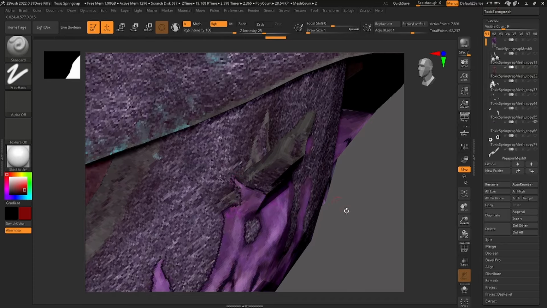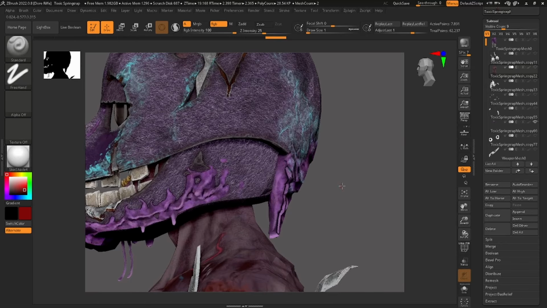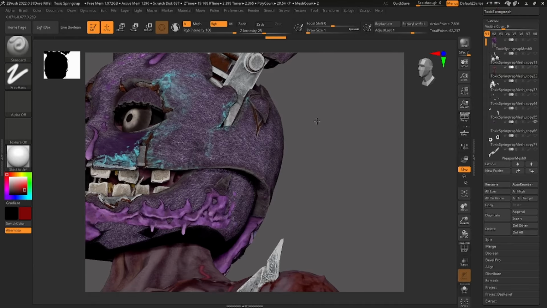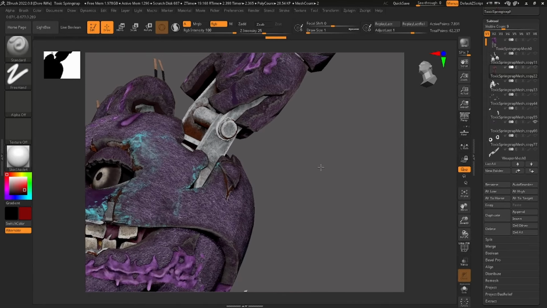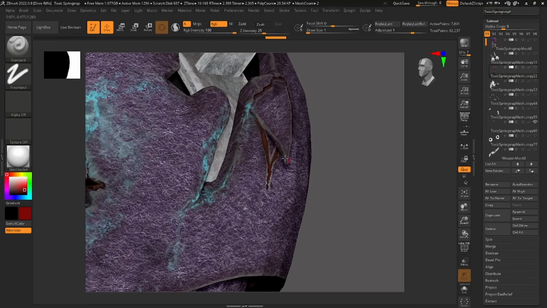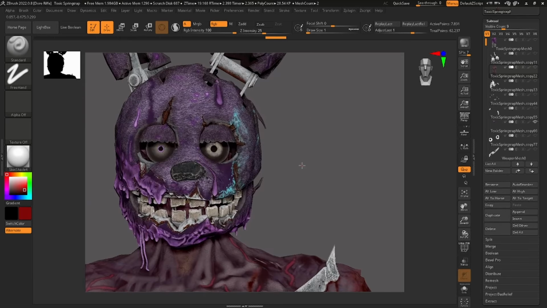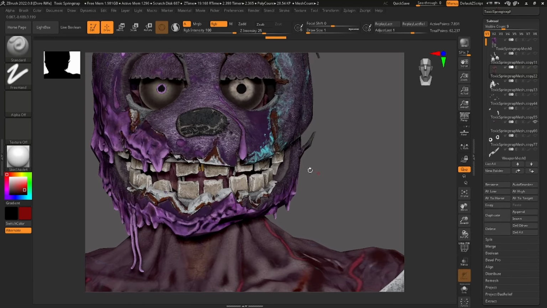That's kind of pulling up. It's interesting. Here and up here. The head's definitely worse for wear. You see where it's corroding, melting. See where even the metal underneath is starting to kind of corrode.